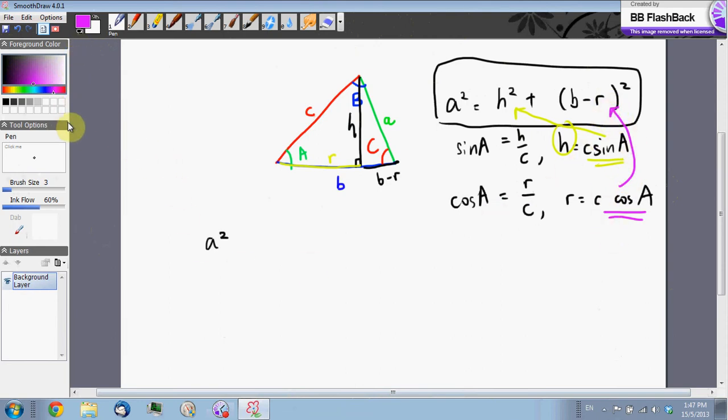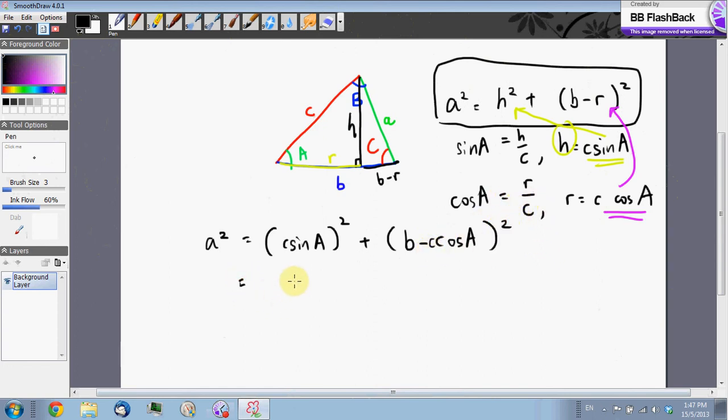So you can see that A square is equal to C sine A square, plus B minus, because H is C sine A, right? So I put in C sine A, and since R is C cosine A, I put in C cosine A. C times cosine A, so C here, squared.